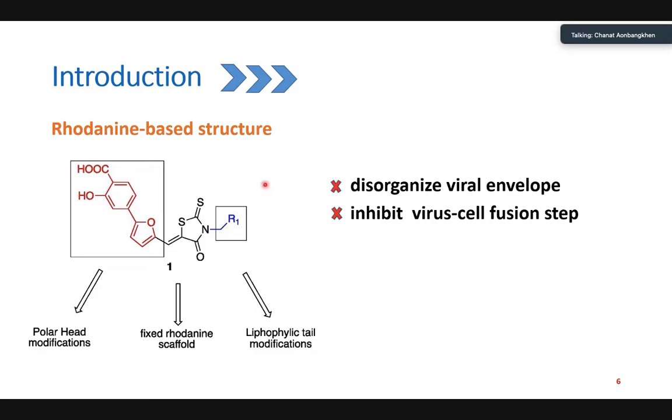That is, if the viral envelope has been disturbed, has been already disorganized, there will not be attachment of the virus to the cell. And by so doing, we will avoid the release of nucleocapsid from the virus to the cell. So there won't be infection.